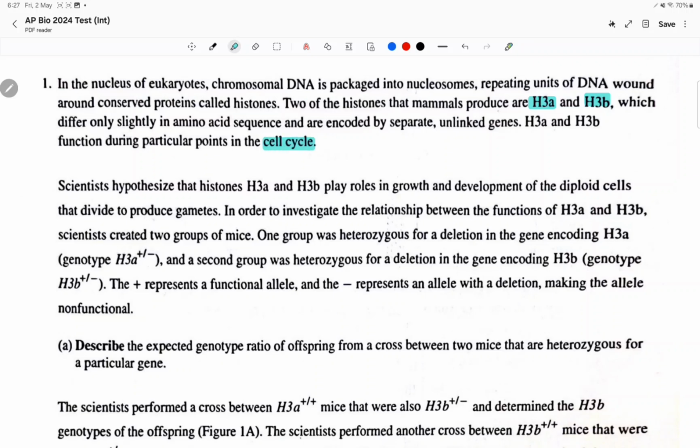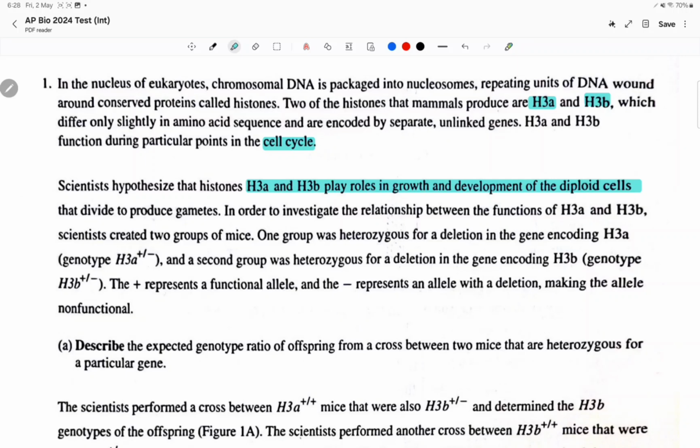Scientists hypothesize that histones H3A and H3B play roles in the growth and development of diploid cells, cells that divide to produce gametes. So they're important for development and the growth of diploid cells. In order to investigate the relationship between the functions of H3A and H3B, scientists created two groups of mice.